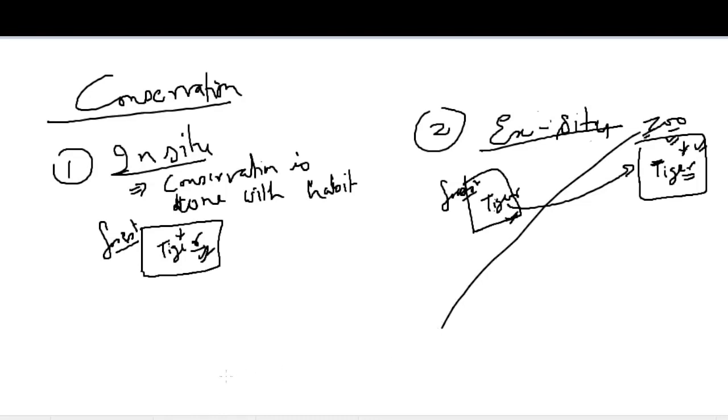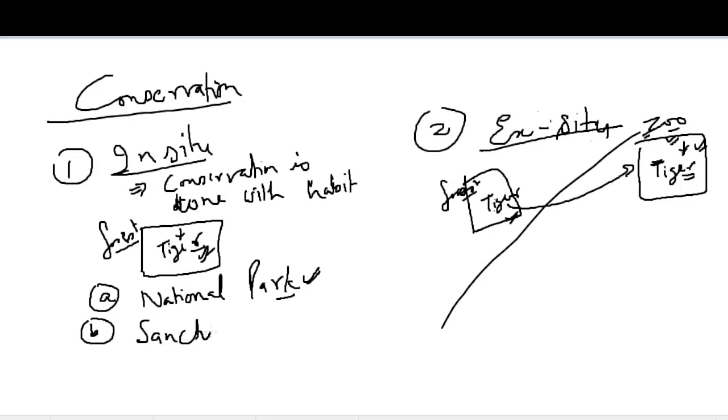Now moving ahead, what are the different types of in situ and ex situ conservation? In situ conservation can take place in national parks. You must have studied this in your static syllabus. National parks, wildlife sanctuaries, or maybe community reserves.